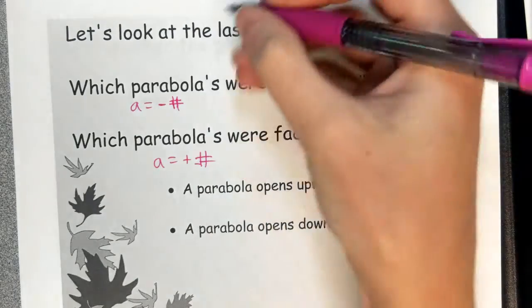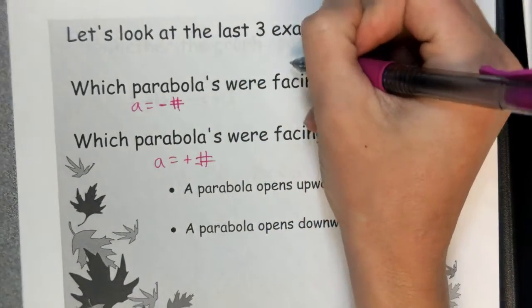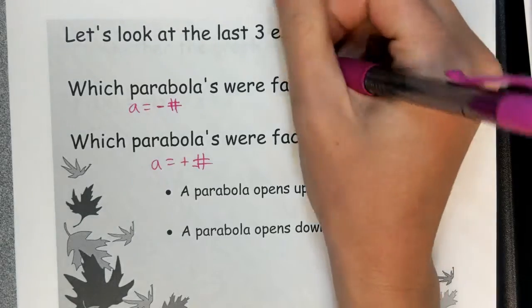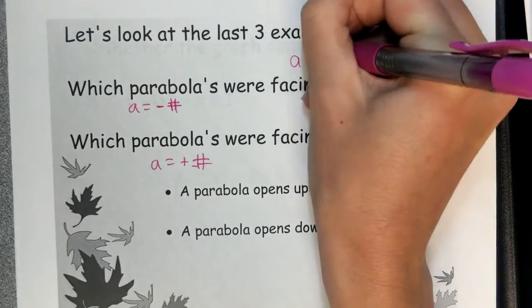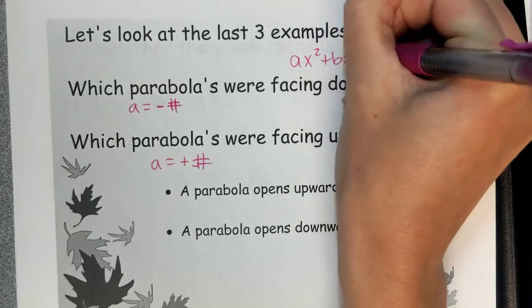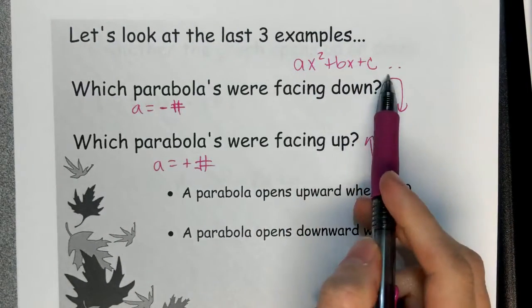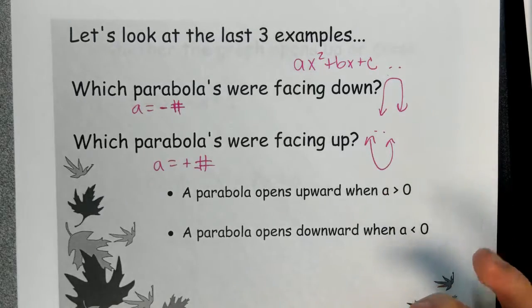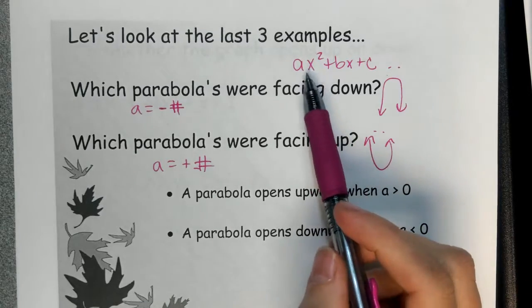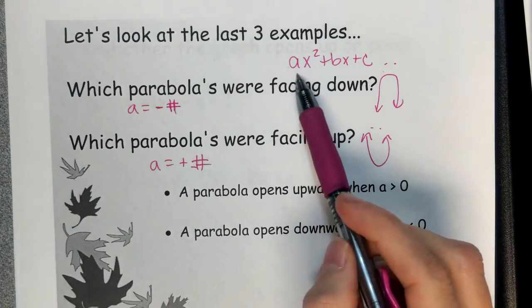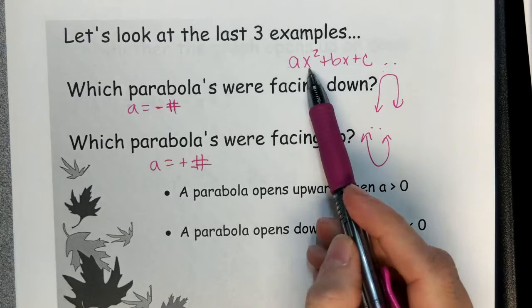So what is this a I'm talking about? Think back to those factoring methods we did in chapter 7, and there was this one. A, B, and C are just your coefficients, and this is considered standard form for a quadratic. So a is always the coefficient in front of x squared.